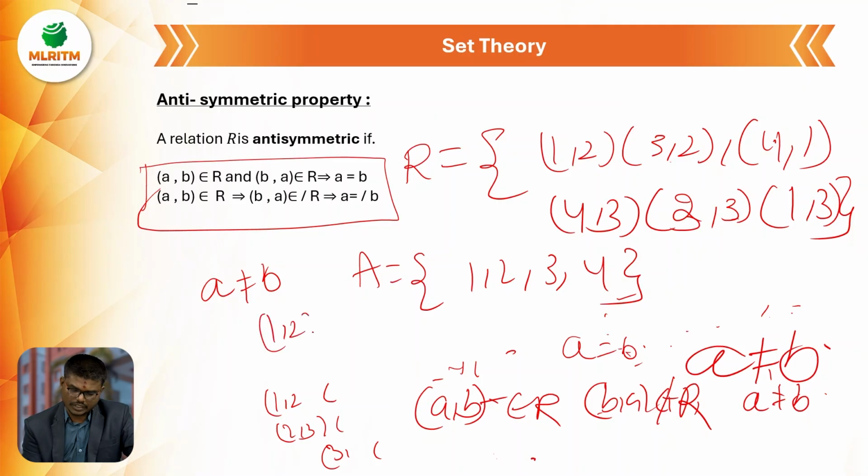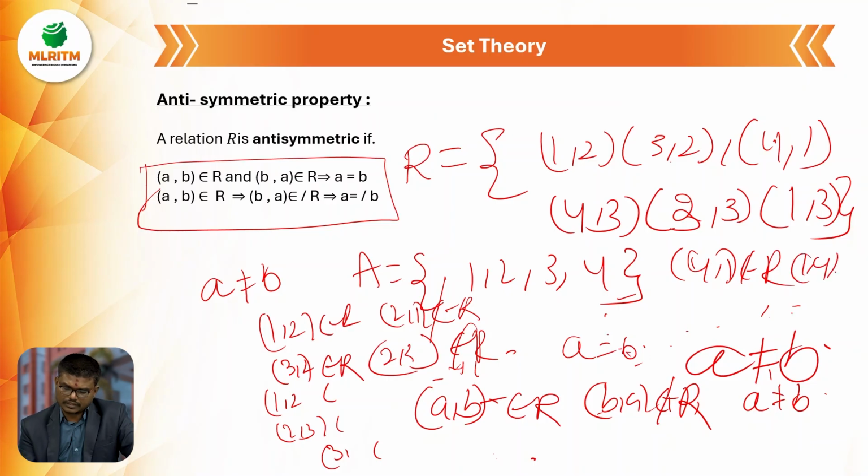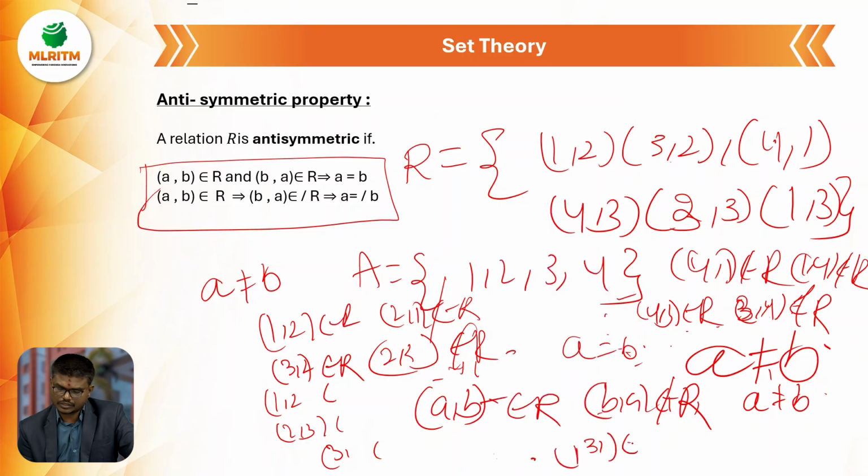So (1, 2) belongs to R, (2, 1) does not belong to R; (3, 2) belongs to R and (2, 3) does not belong to R; (4, 1) belongs to R and (1, 4) does not belong to R; (4, 3) belongs to R, (3, 4) does not belong to R; (1, 3) belongs to R, (3, 1) does not belong to R. So it is satisfying the antisymmetric property.